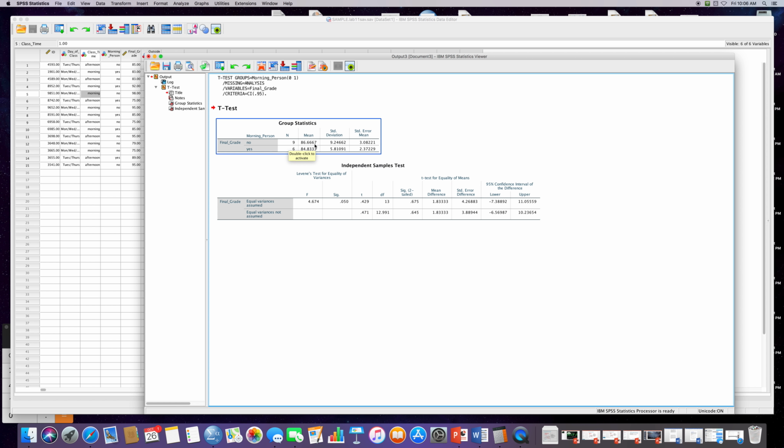The mean is the average of their scores, their final grade in that class. We had a t obtained equaling 0.429 with a significance of 0.675. So we have to fail to reject the null hypothesis, meaning that there really isn't that big of a difference in the average final score for students who say they are or are not a morning person.